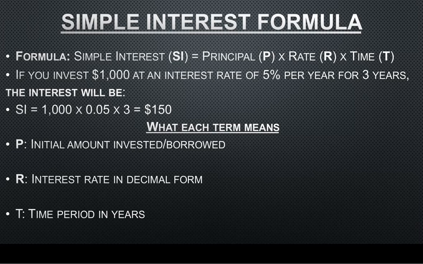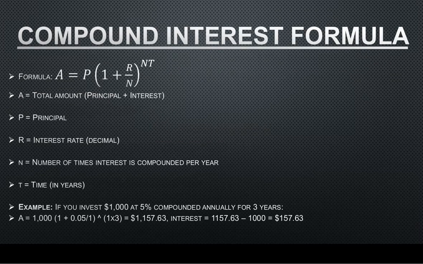It simply means that the amount you borrow, which is your principal of $1,000, multiplied by 5 over 100, which is 0.05, multiplied by the number of years, which is 3. At the end of the day, you are going to get $150. That will be the interest charged when you take $1,000 at that rate for that period of time.